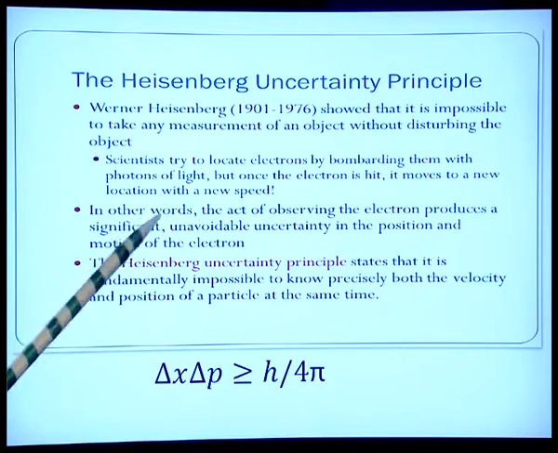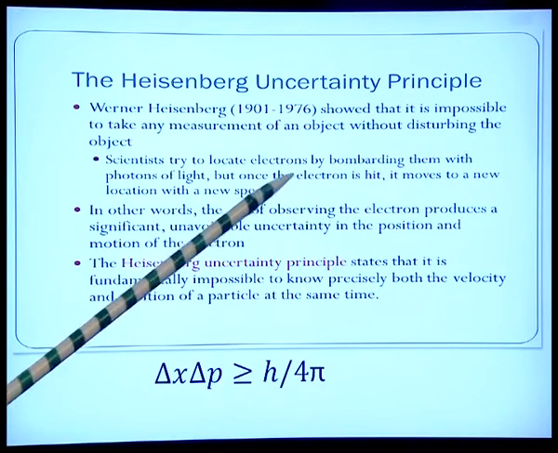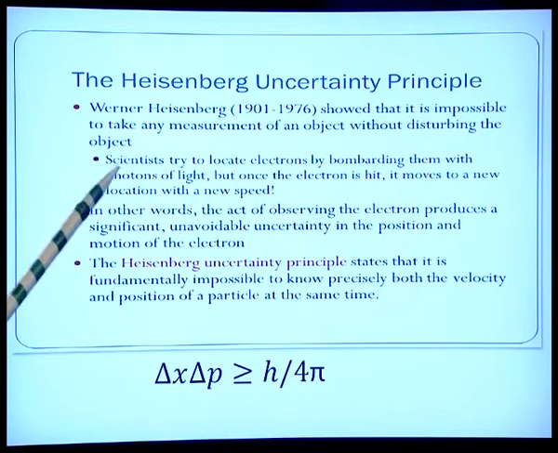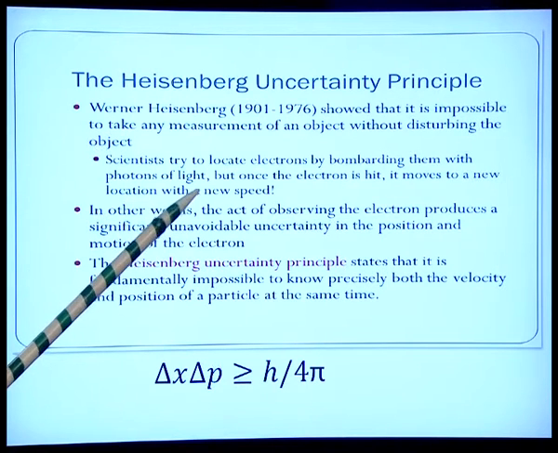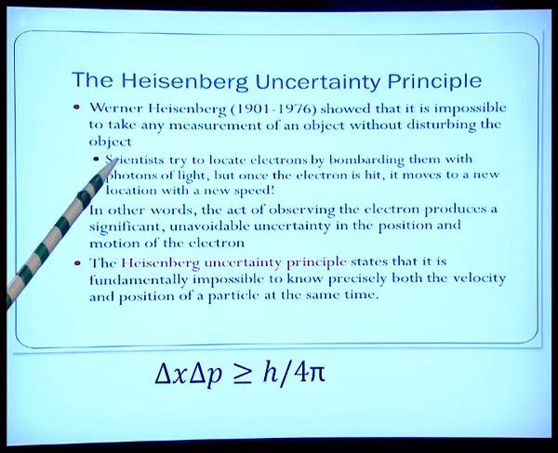An important consequence of the wave-particle duality of matter and radiation was discovered by Werner Heisenberg in 1927, and it is called the uncertainty principle. The uncertainty principle showed that it is impossible to take any measurement of an object without disturbing the object.